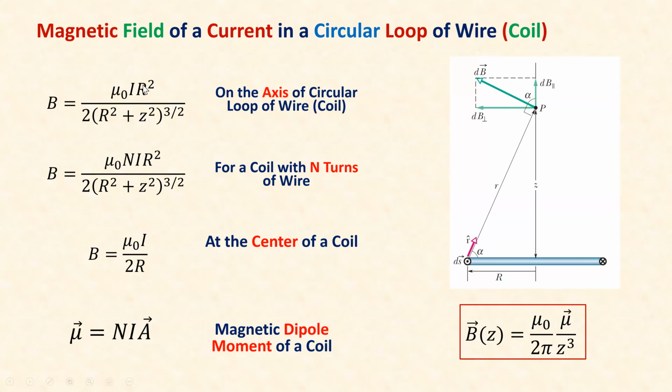If you put that equal to 0, then everything becomes 0. But this is an approximation that's good because z is much larger than r, but r has some value.